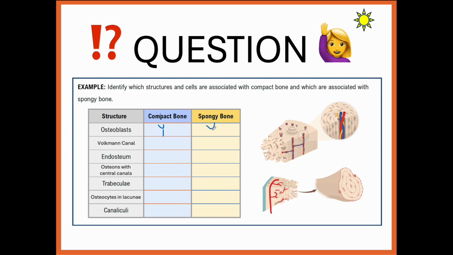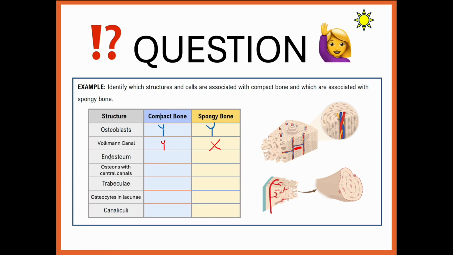So we would expect to see osteoblasts. Do we see Volkmann canals? Remember, Volkmann canals are over here, in between two osteons. So in compact bone, definitely I would expect it. I would not expect it in spongy bone.